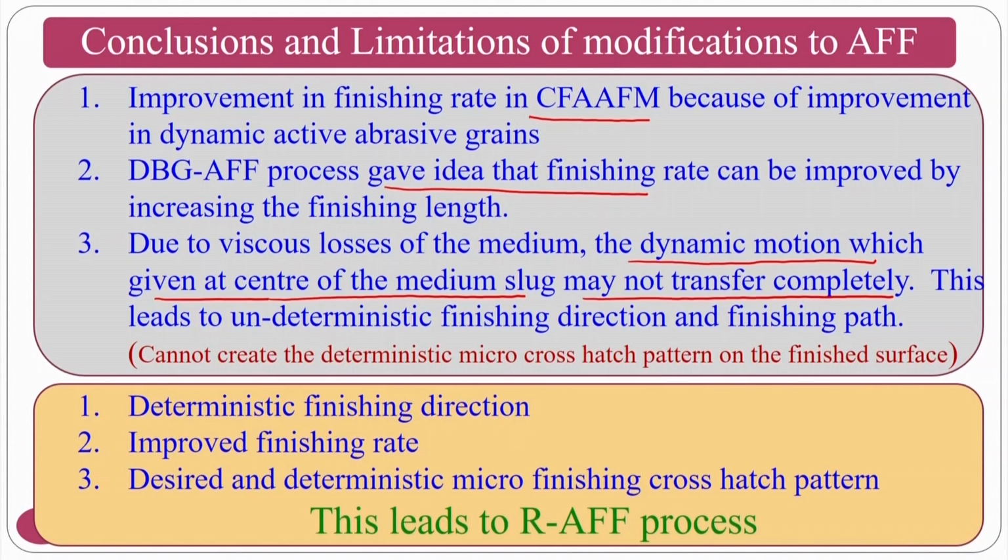But in this case, if I can rotate the workpiece, what will happen? The motion you give is in the finishing region. For that, what we have done is deterministic finishing direction, improved finishing rate, and desired micro finishing as well as cross hatch pattern. That means the texture can be achieved by giving the motion to the workpiece itself.